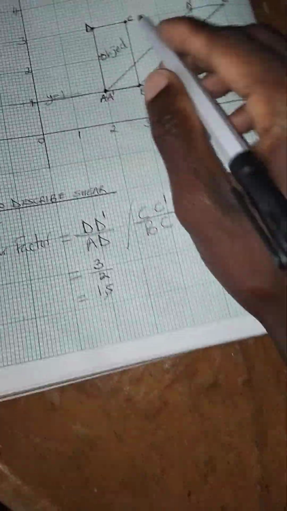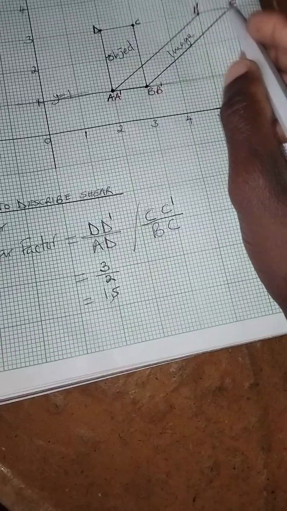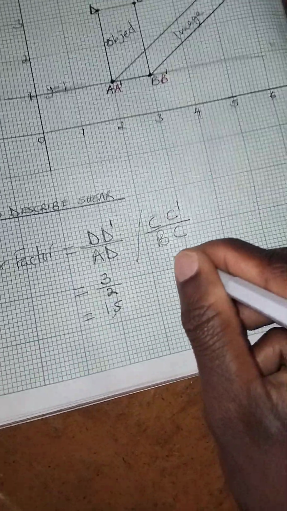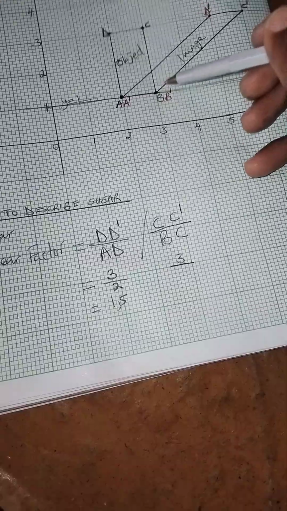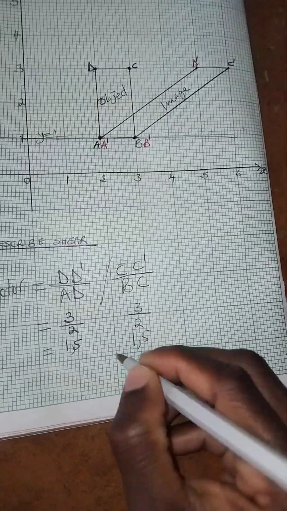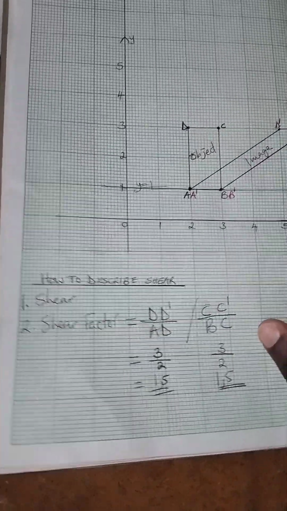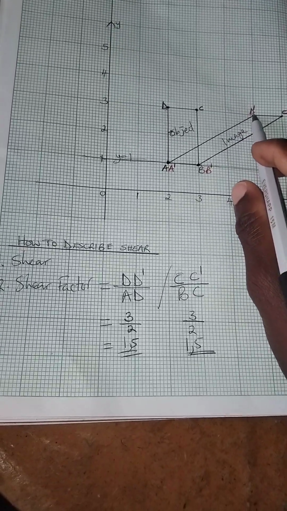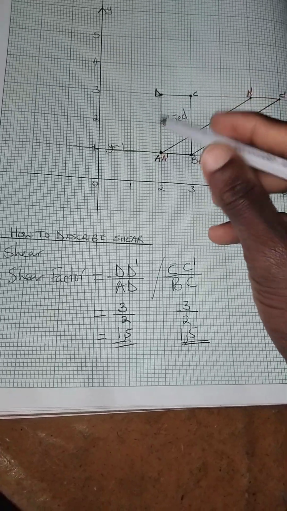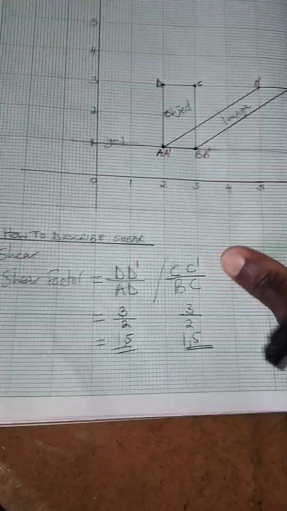Then up to 1 2 3 over BC, 1 2, so it is 1.5. That is all. So to find the shear factor, take the distance from the object to the image, then take the distance from the object to the invariant line.